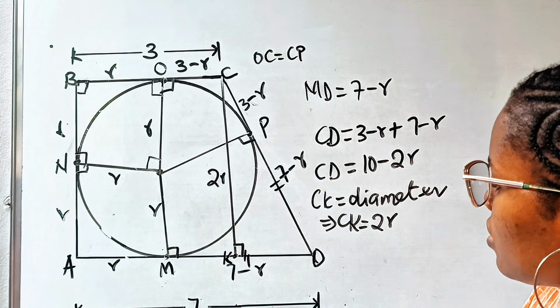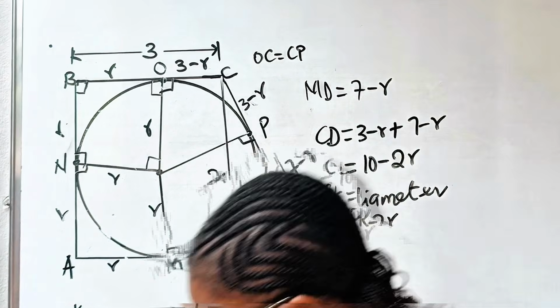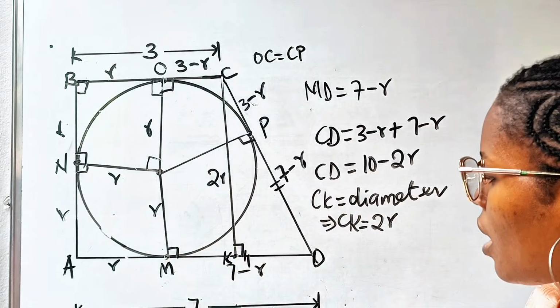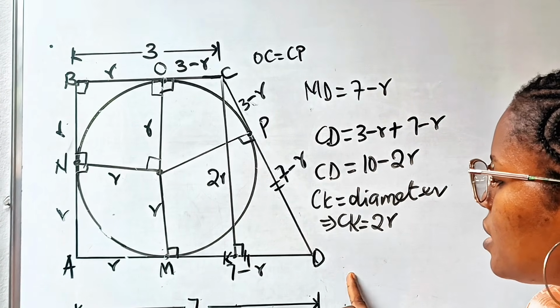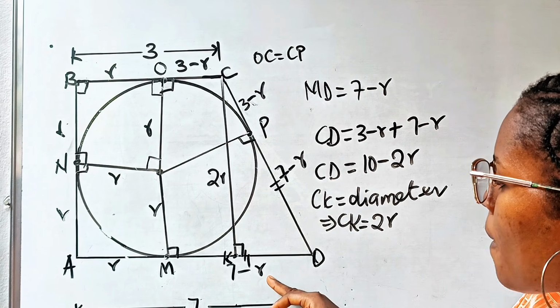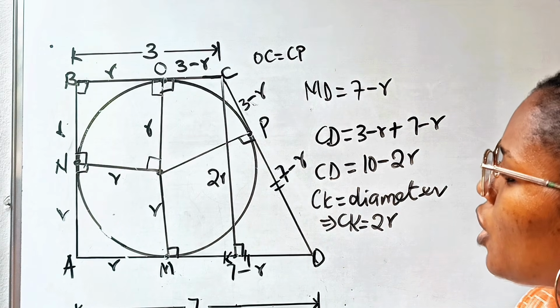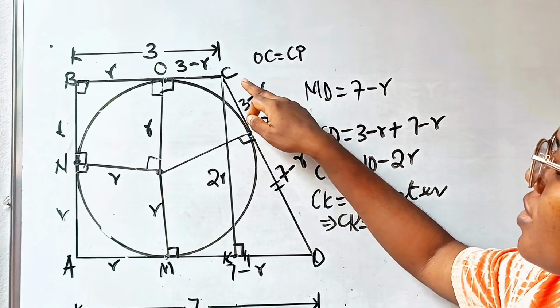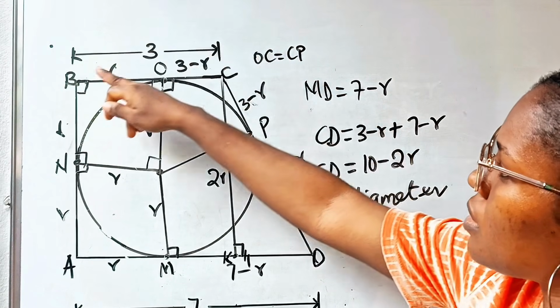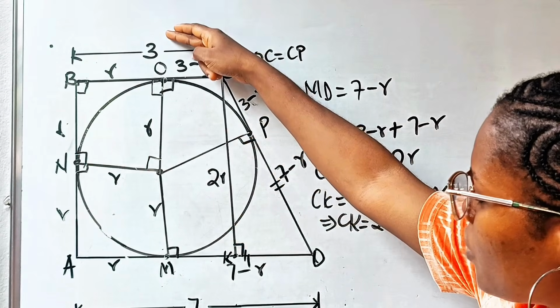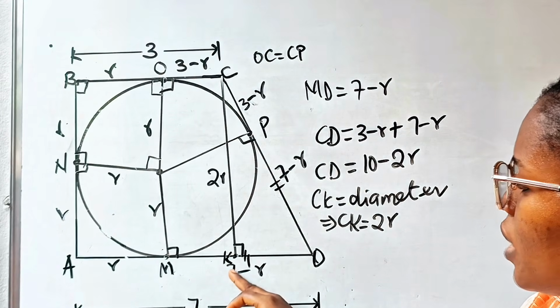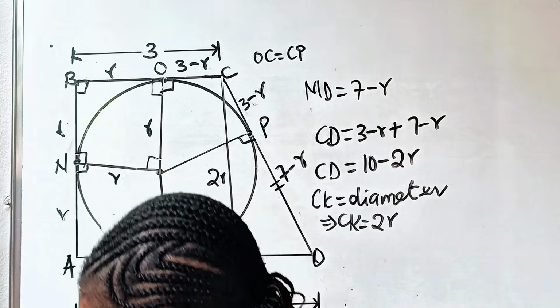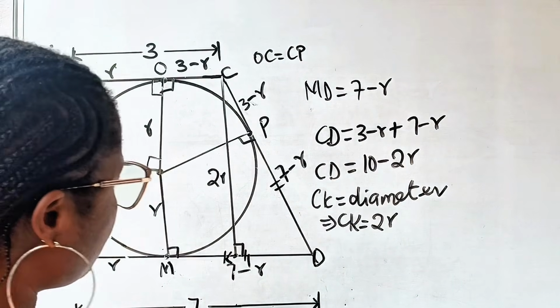I know it's becoming long, but we are almost through. Now, remember that MD is what? 7 minus R. Recall that B to C is 3, right? And if B to C is 3, then A to K is also 3. So AK is 3.